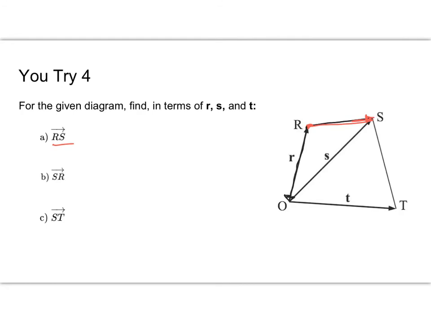So you can see that it's vector r, but I have to switch the direction because it points in the opposite direction. So that's going to be negative r, and then I start s and head in its normal direction, so plus s. That is negative r plus s.